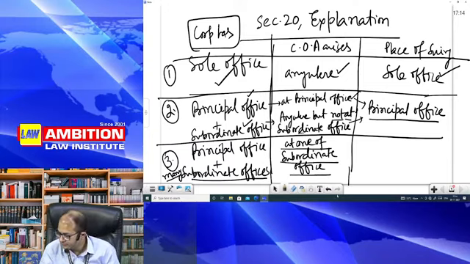And it has been done by the CPC as per sections 15 to 20 along with section 6. Section 6 is pecuniary jurisdiction, this is territorial jurisdiction.